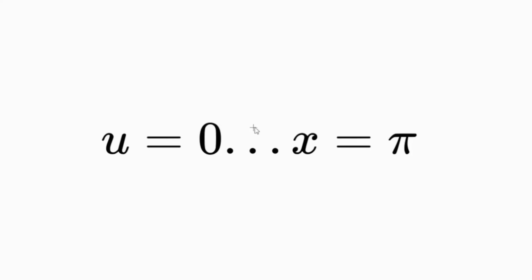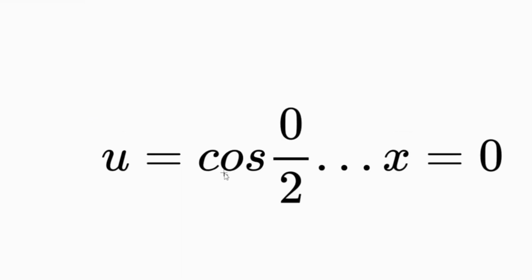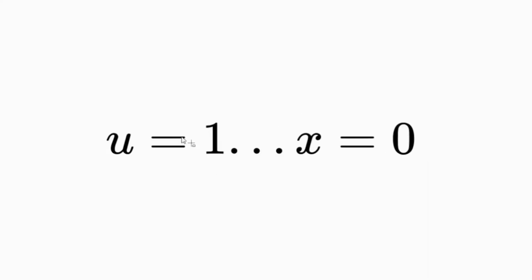So when x approaches pi, u is equal to 0. Same as when we put x equal to 0, we will get u equal to cos 0 divided by 2, which is equal to 1. It means that when x is equal to 0, u is equal to 1.